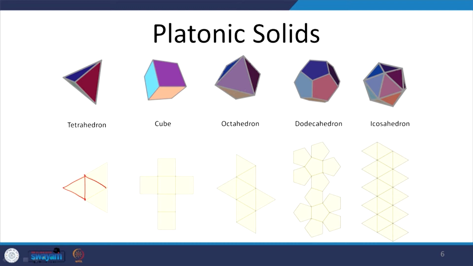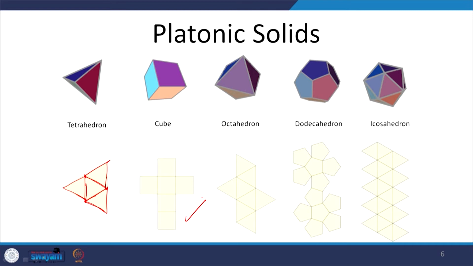It is connected to another triangular surface, another and another. There are 4 triangular surfaces, each connected. If we fold it like this, at each of these points we have 3 triangles coming together.